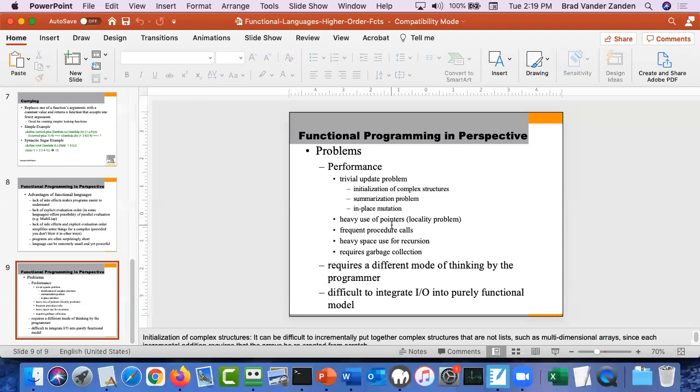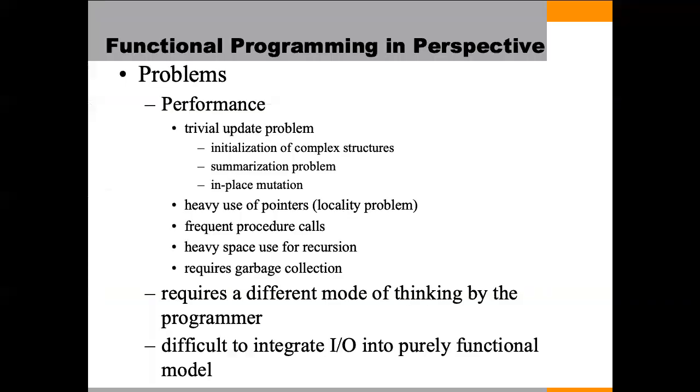Okay, and then the final problem is something called the summarization problem. So let's say you're trying to do a frequency count of words in a file. That requires that you keep updating as you encounter a new word, you update its frequency count, like in a hash table. Oops, you're not allowed to do that because of the lack of side effects.